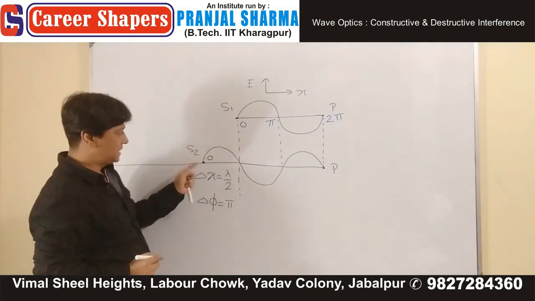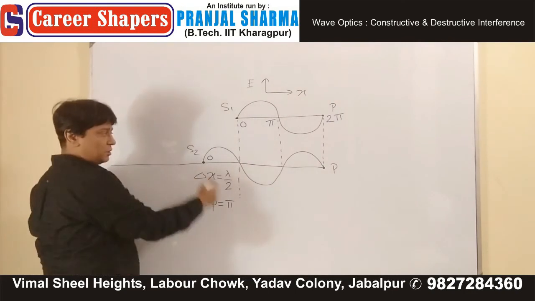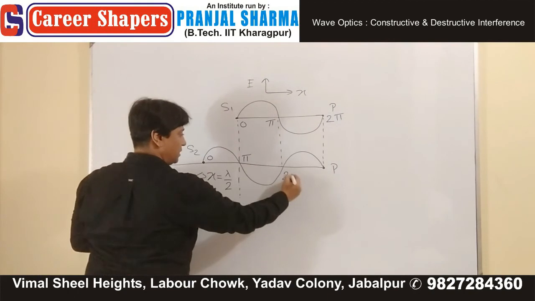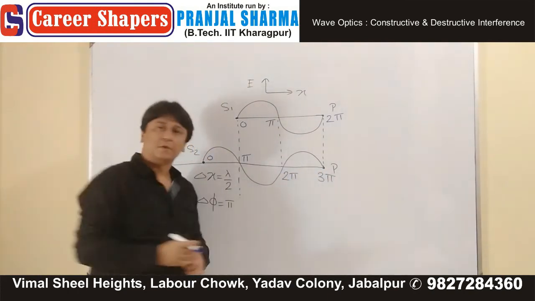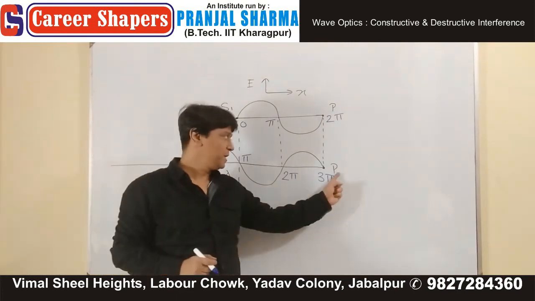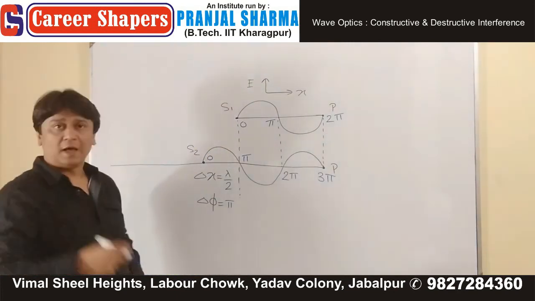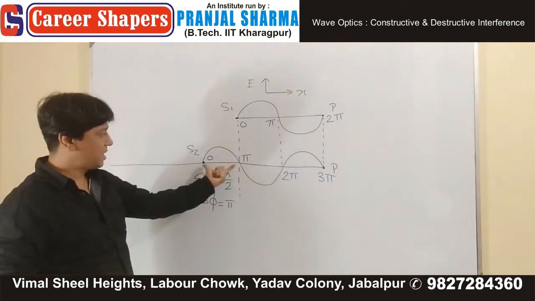They are exactly the same profiles. This is 0, this is pi, this is 2 pi, and this is 3 pi. So what is phase difference at point P? 3 pi minus 2 pi, pi. And again, you don't have to do this again and again. Simply look at this part.